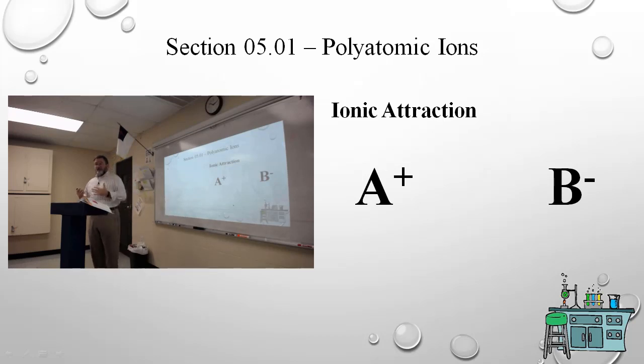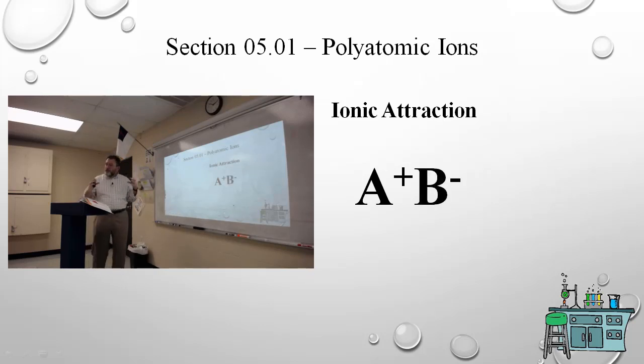The whole section on ionic compounds was based on the principle that when you have something with a positive charge and a negative charge in proximity to one another, what do they do? Yeah, they're attracted to one another. So they move close to each other and they form a molecule.